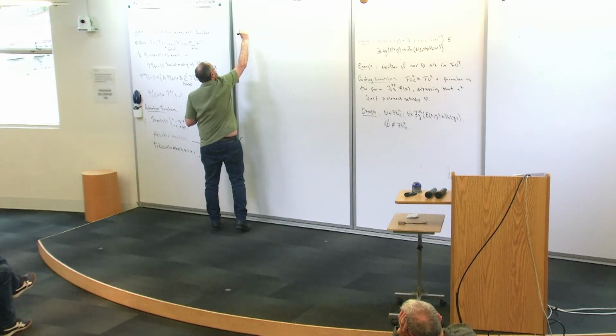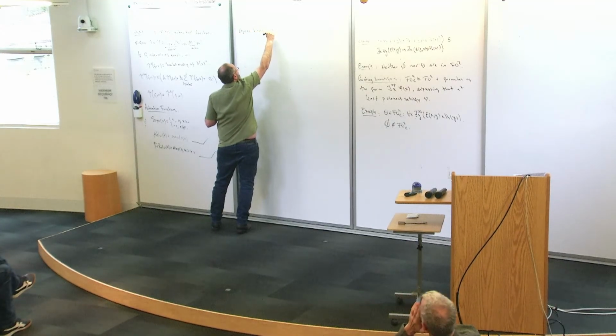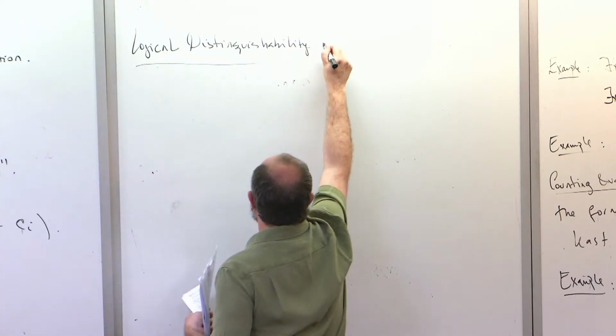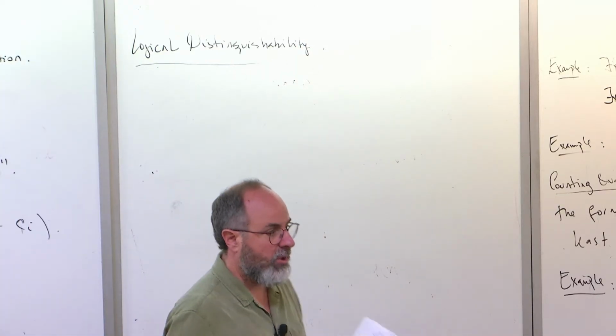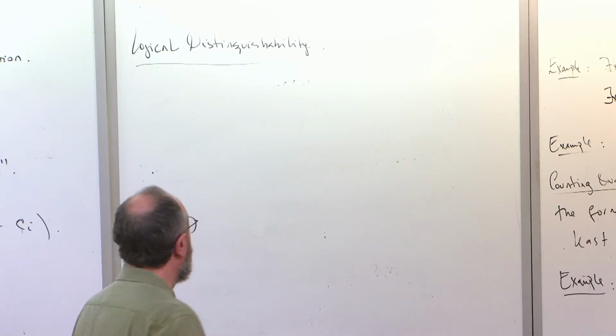This is logical distinguishability. This is the first flavor of the problem, the one that is studied in these two seminal papers, right?